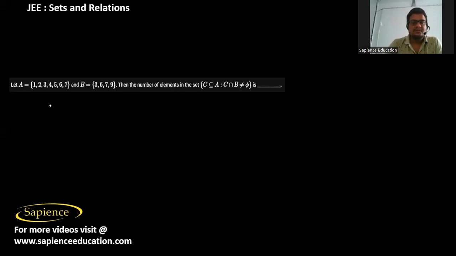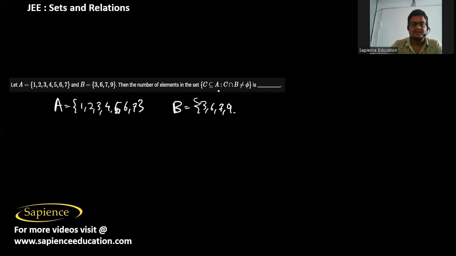Then here it is told that the set A equals 1, 2, 3, 4, 5, 6, 7, and B equals 3, 6, 7, 9. Then the number of elements in the set C, where C is a subset of A and C intersection B should not be 5.